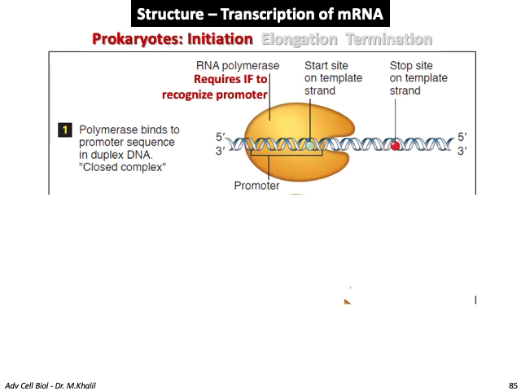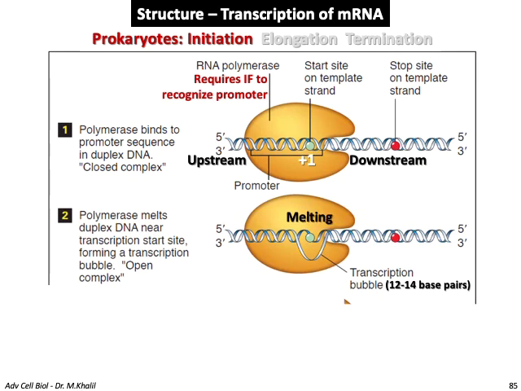Once the RNA polymerase recognizes the promoter, it starts melting. The RNA polymerase of the prokaryotes has a helicase activity that melts DNA. The melting of DNA converts the complex from a closed complex into an open complex. And the transcription bubble is formed, which has a size of 12 to 14 base pairs.